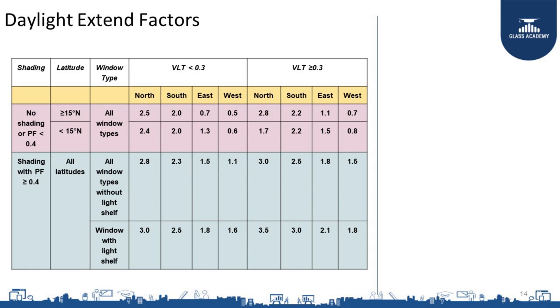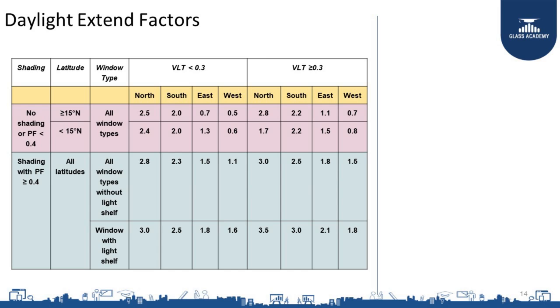Here is the table. If you look at this table carefully, it has two columns for VLT less than 0.3 and VLT greater than or equal to 0.3. Then it has two major rows, one row for no shading or projection factor less than 0.4 and another row for shading with projection factor greater than or equal to 0.4.